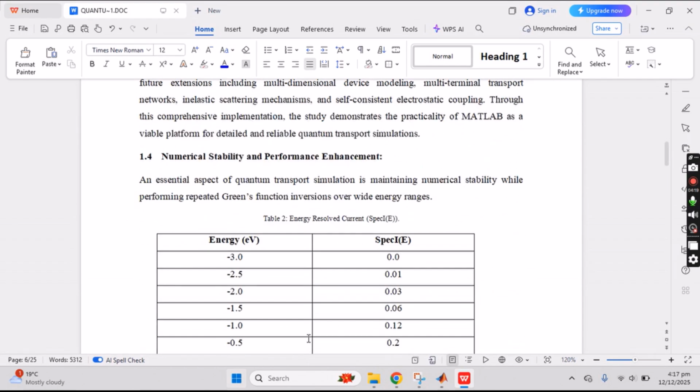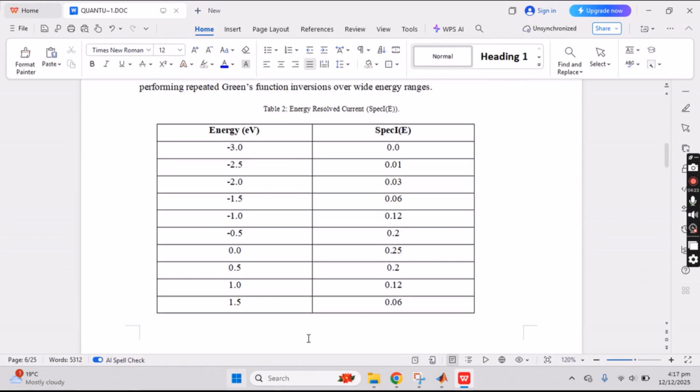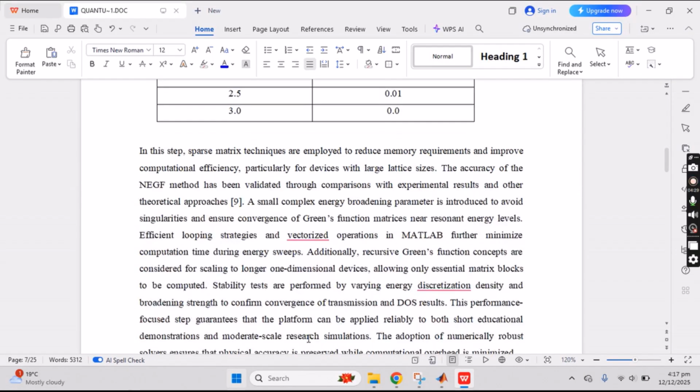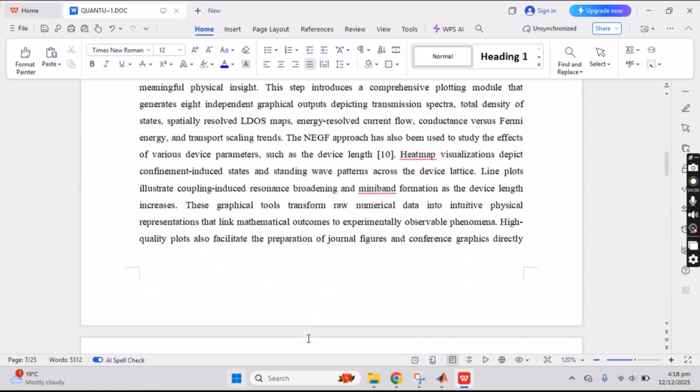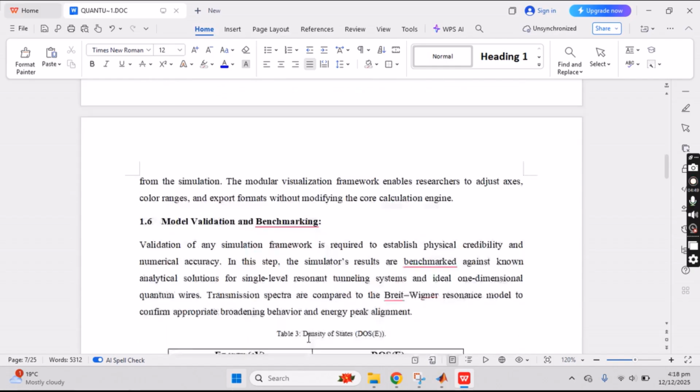Here is the numerical stability and performance enhancement. These are the parameters I have defined, which is basically the energy-resolved current. For visualization and physical interpretation, the heat map visualization depicts the confinement-induced states and standing wave patterns across the device lattice.